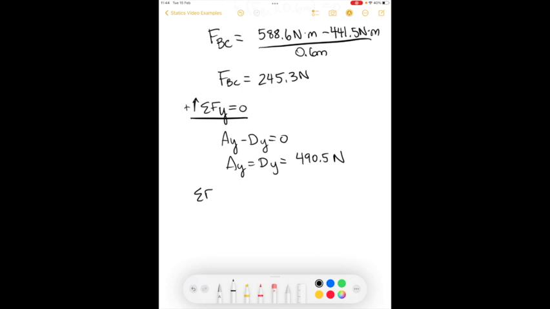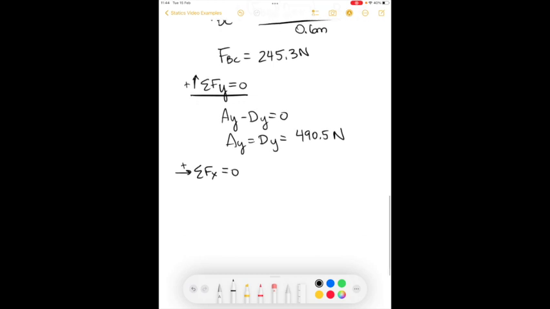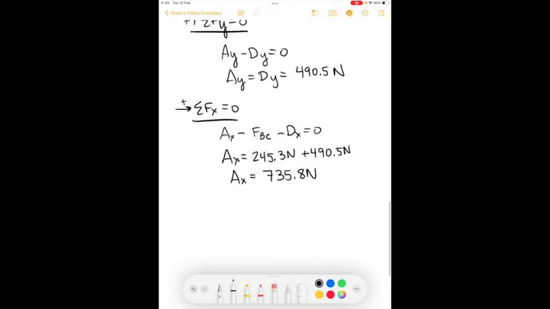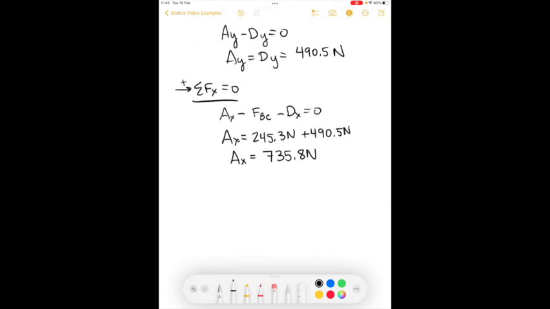And finally we can sum the forces in the x direction. And find that AX is 735.8 newtons.